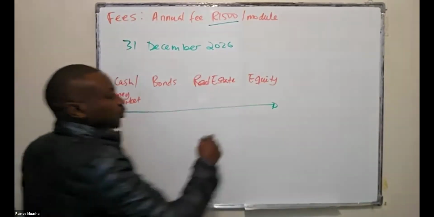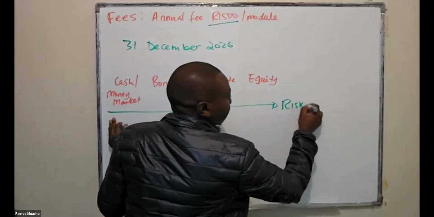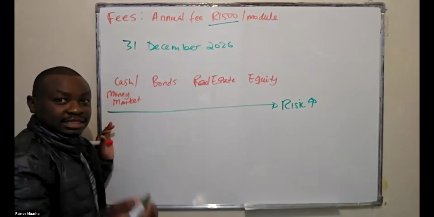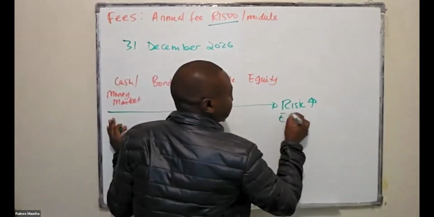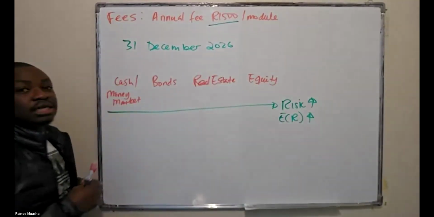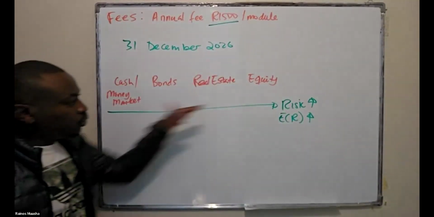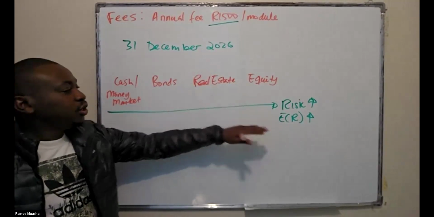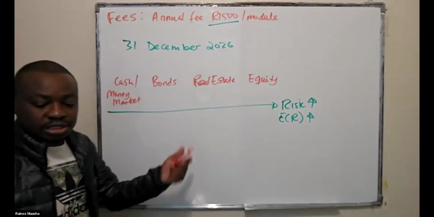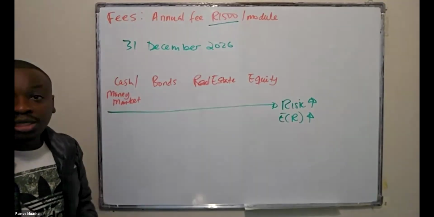your risk exposure is increasing, and at the same time, your expected return from the investment is also increasing. So the more you go in this direction, your risk exposure is increasing, and the expected return you're expecting to earn from this investment is also increasing.